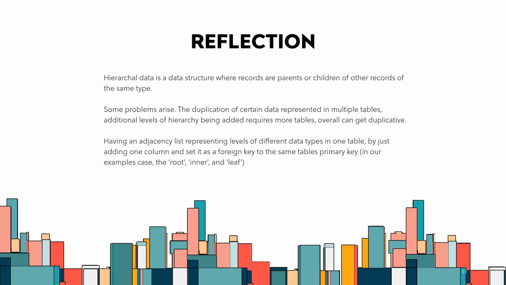Having an adjacency list represents levels of different data types in one table by just adding one column and setting it as a foreign key to the same table's primary key. So in our example, we did the typing as root, inner, and leaf, and this way when we want to access the nodes based on that type, it will be easier and we don't have to parse through two different tables instead.